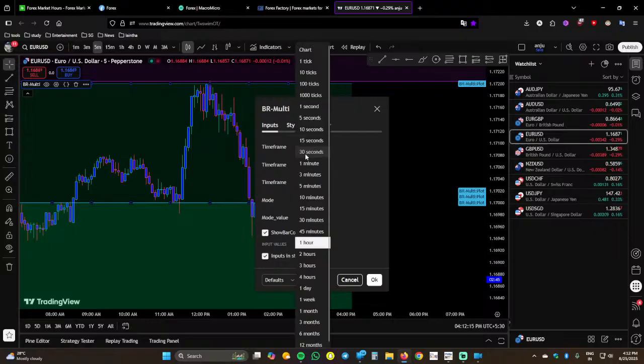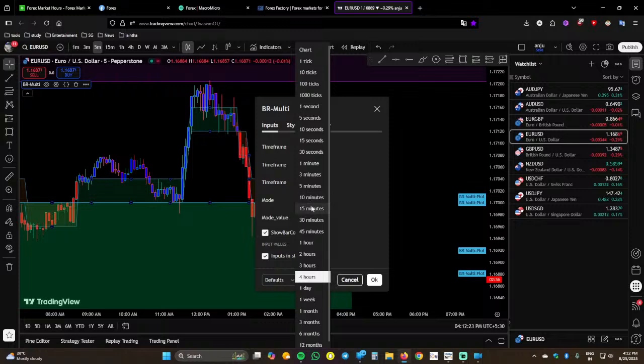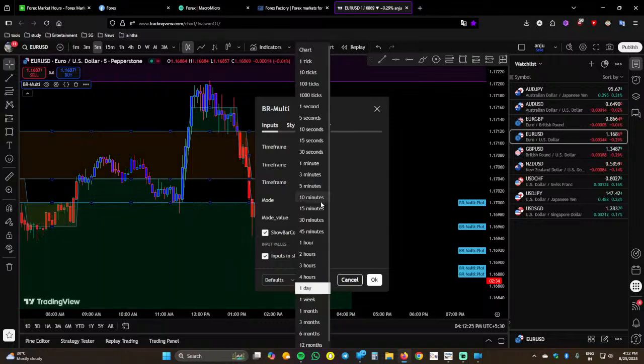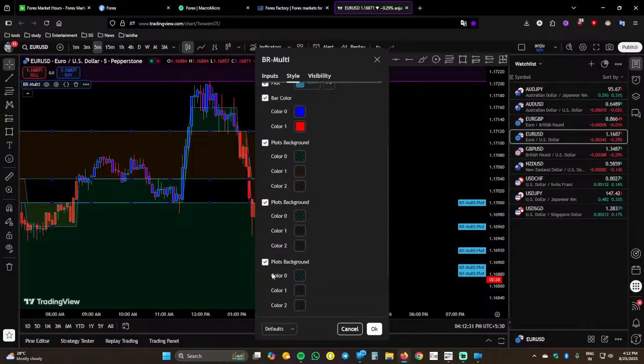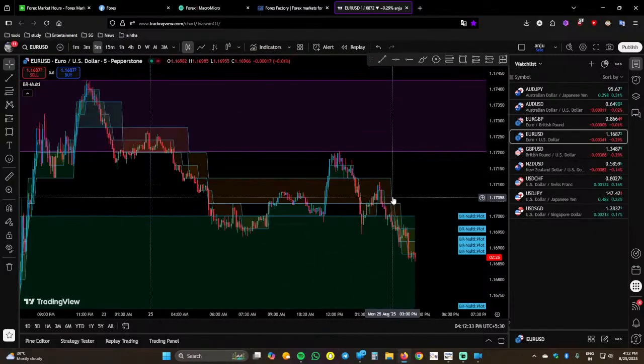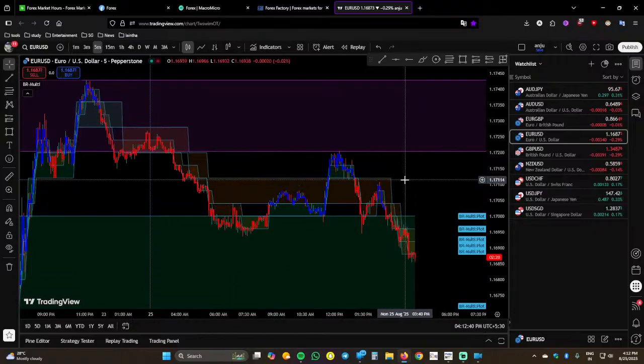I changed the settings of this indicator to 5 minutes, 30 minutes and 4 hours. Okay, and I'll remove the borders so that you can see the colors easily.